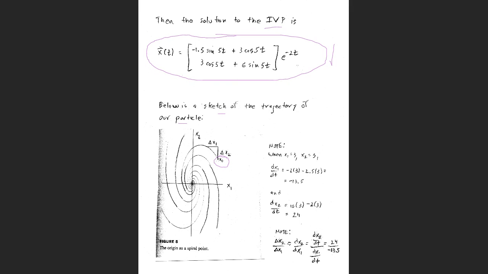Why would that be the case based on the solution here to our initial value problem? Why would the solution spiral? What's causing the spiraling in figure 5 below? What's causing that spiraling, class? Why is the solution spiraling into the origin?